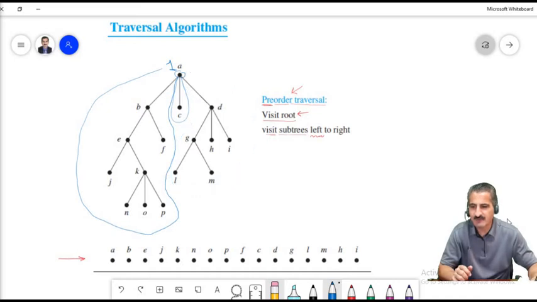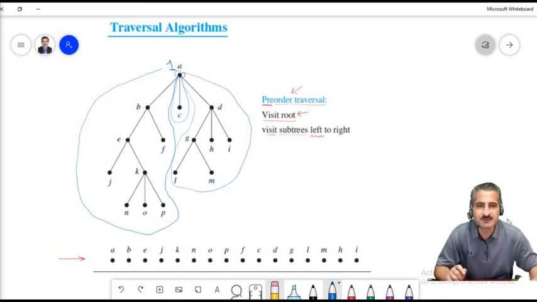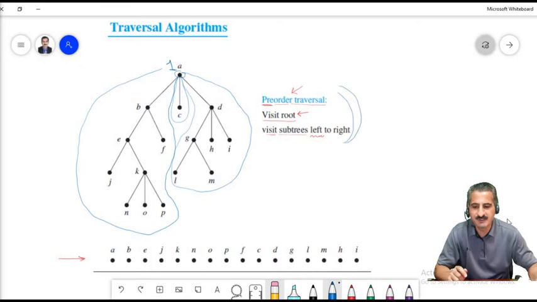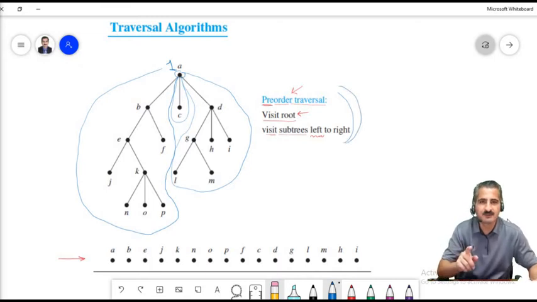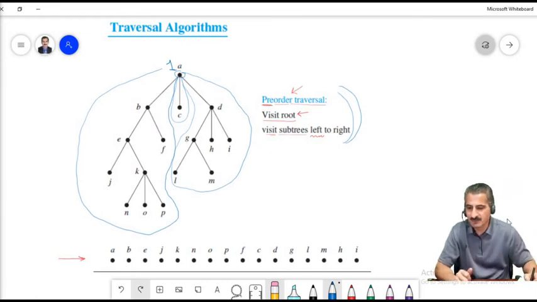So now each one of these subtrees will be treated in the way described here. Take the root and go to the left subtree, and then go from left subtree to right subtree, and so on. Okay, so let me erase things from here to make things clear.